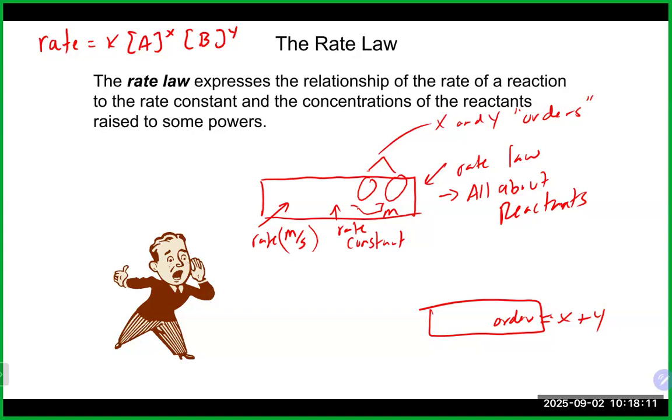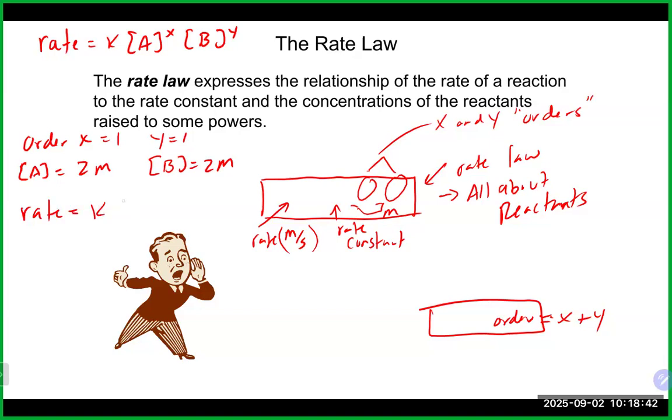And let's just say that the order for X was 1 and the order for Y was 1 as well. And we started with a concentration of A that was 2 molar and the concentration of B that was 2 molar, right?